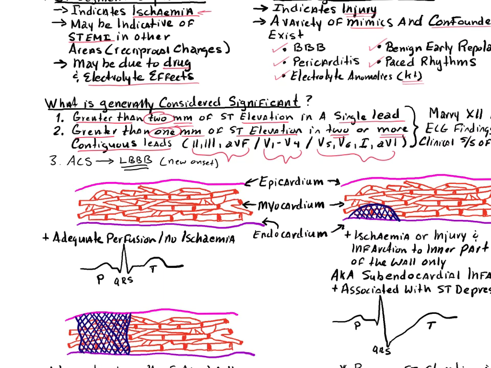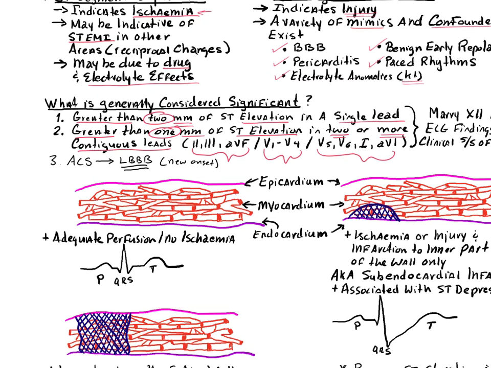Again, bundle branch blocks are good at obliterating ST segment elevation. Unfortunately, out in the field, it's very hard to tell if something is old or new, right? We don't know unless you have an old 12 lead to look at, which we often don't out in the field. So what you have to do is say, okay, this patient sitting in front of me has signs and symptoms suggesting an acute coronary syndrome, and their 12 lead shows a left bundle branch block.